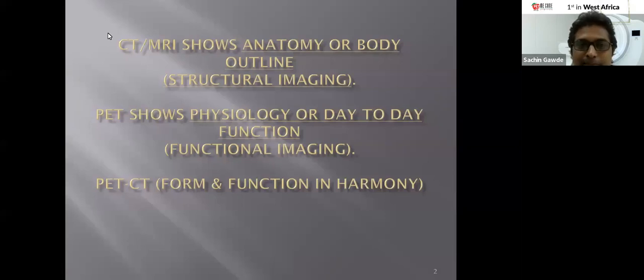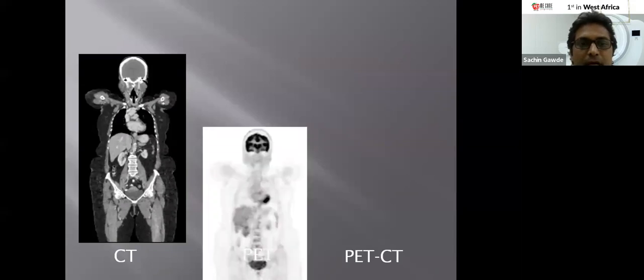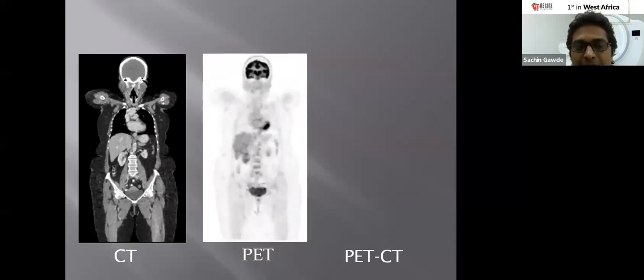Next slide, please. Am I audible? This is a whole body CT scan image. Next slide. This is a PET scan. Now we can see the difference. The CT scan shows very well the structural outline, while the PET scan is devoid of any structural outline.